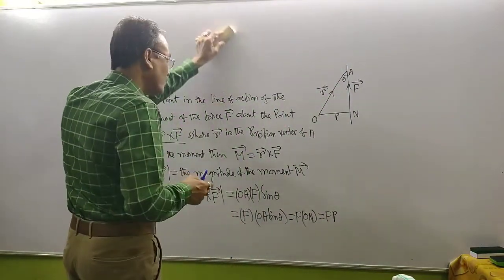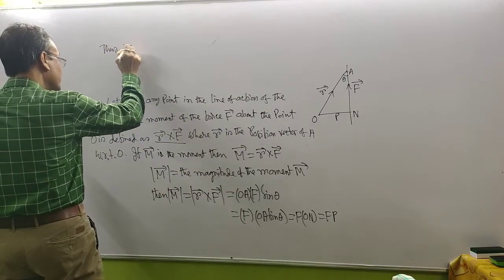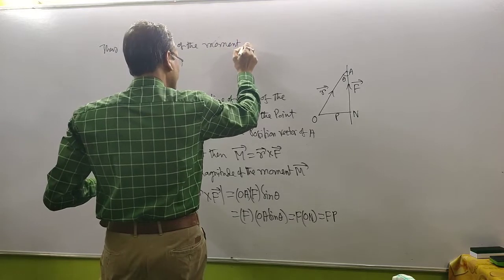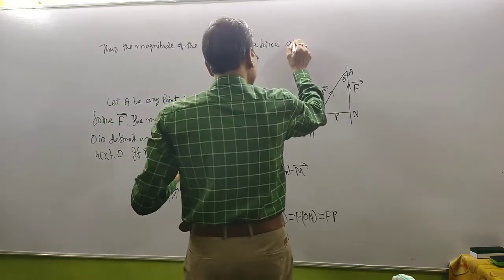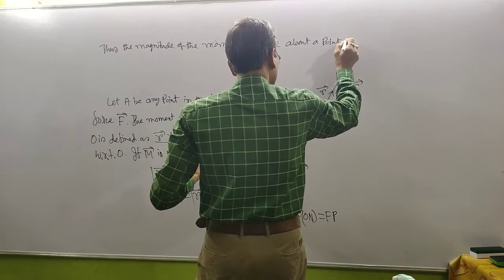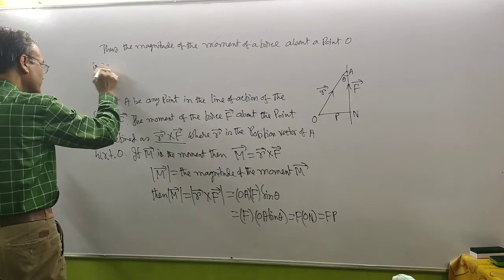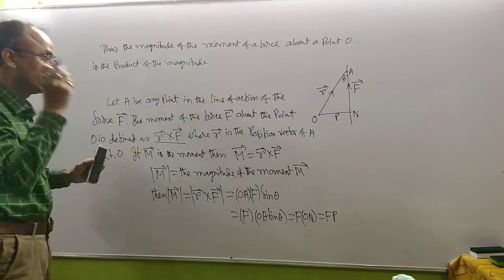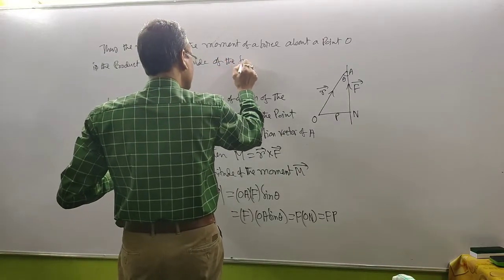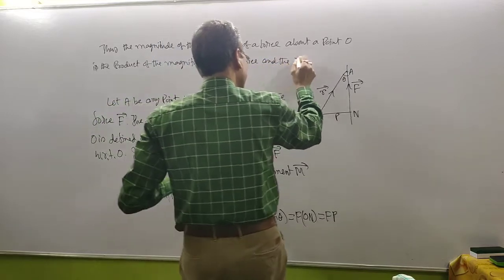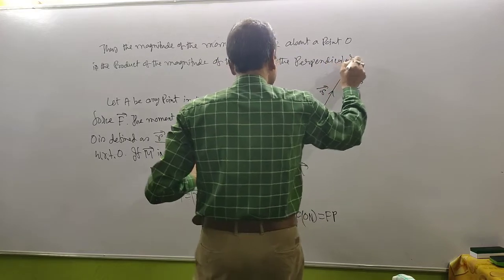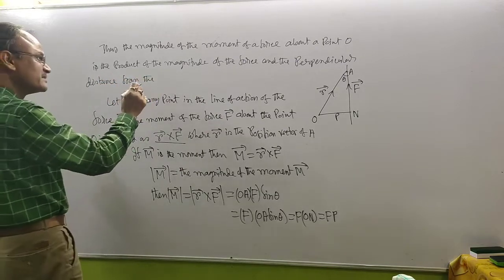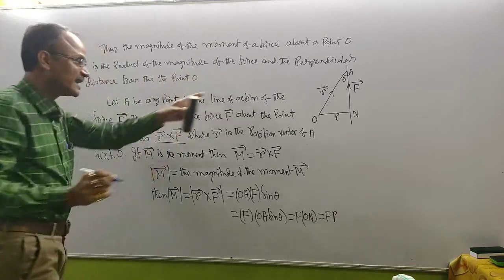You may write like this. Thus, the magnitude of the moment of a force about a point O is the product of the magnitude of the force and the perpendicular distance from the point O to the line of action of the force.